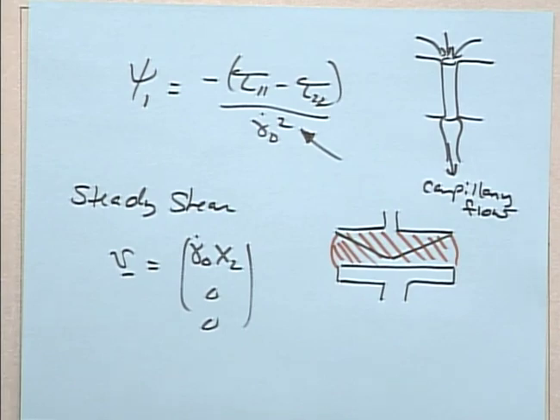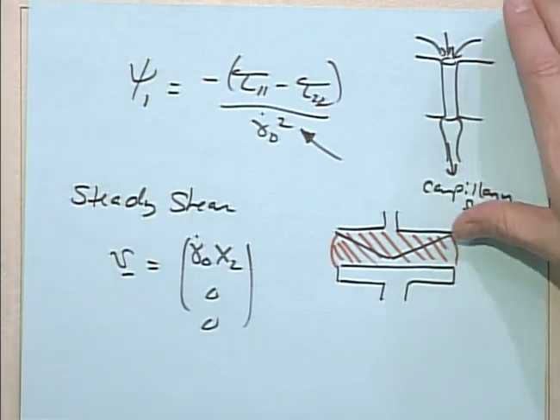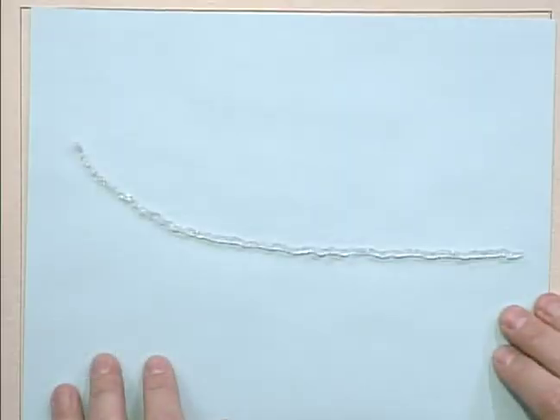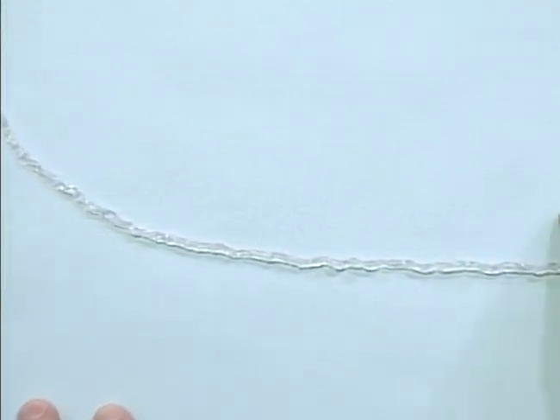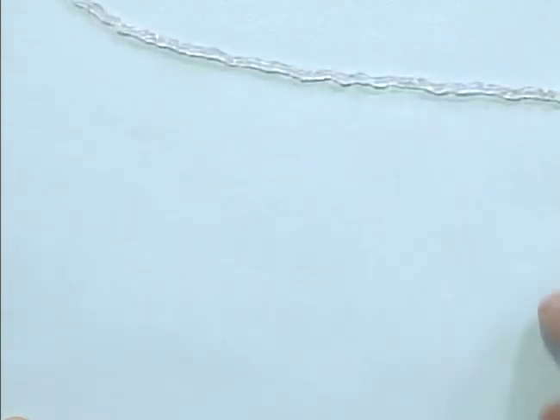And I've brought some examples of those instabilities to show you an actual piece of the sample. So this is a piece of polystyrene that came out of a capillary rheometer. And you can see that it's a mess. It's no longer a nice smooth tube of polymer. It's a completely distorted mess.